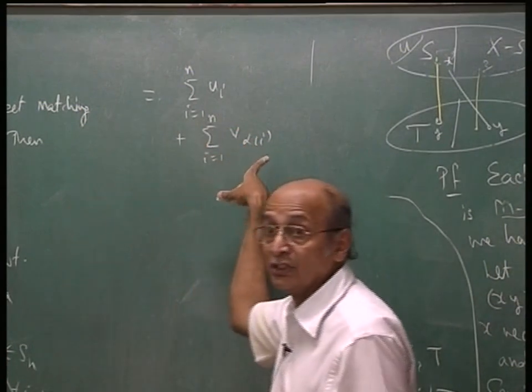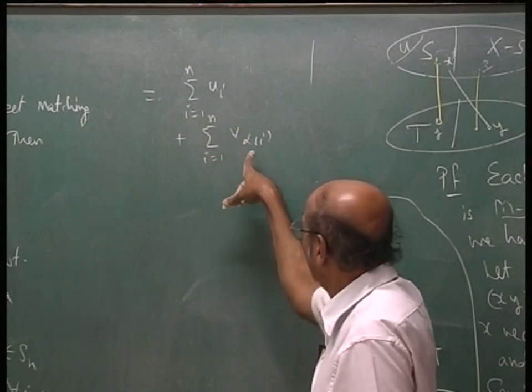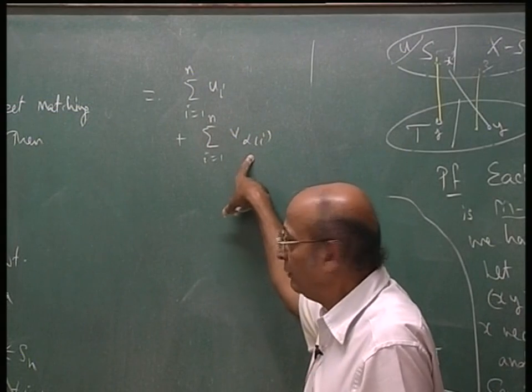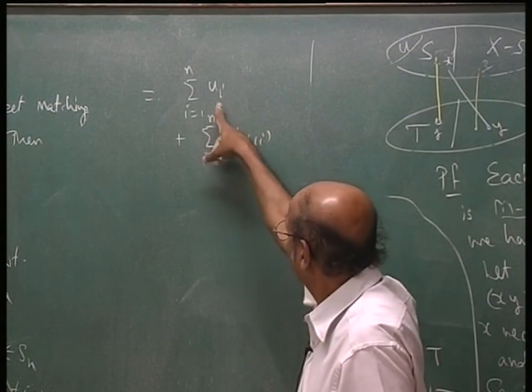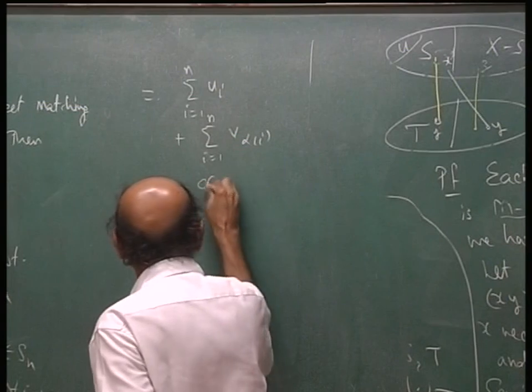Alpha is a permutation. Therefore, this sum is nothing but v_1 plus v_2 plus v_3 up to v_n. And therefore, this is just the cost of (u, v).